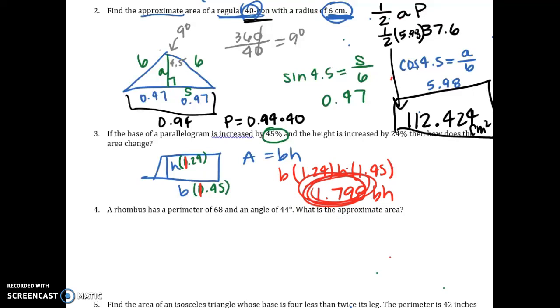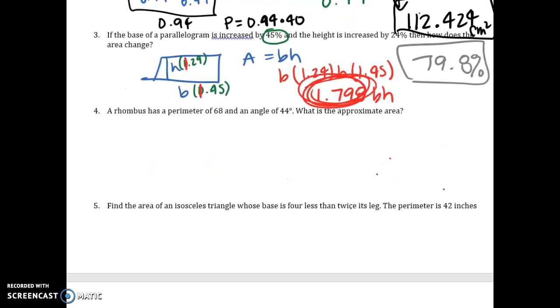So that right there is how much bigger the area is than the other one. So if we're just talking about a straight percentage of increase, you would say it increases by 79.8%. And there's a lot of other ways you could do this. You could pick some random numbers and then take percentages and then notice that your percentage is increasing by almost 80. There's a lot of different ways to approach it.